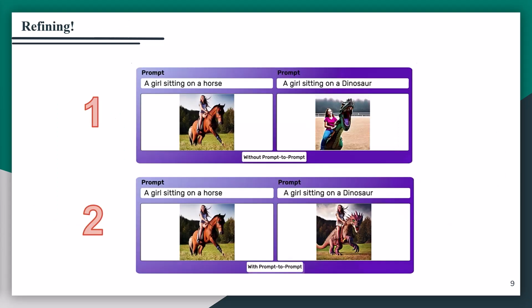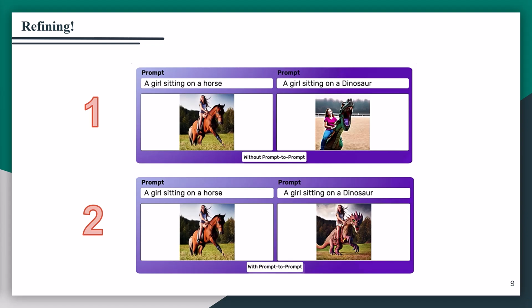One issue the model faced was creating very different images, even when the prompts were very similar. This happened because the model treated each caption independently, which sometimes led to inconsistent results.